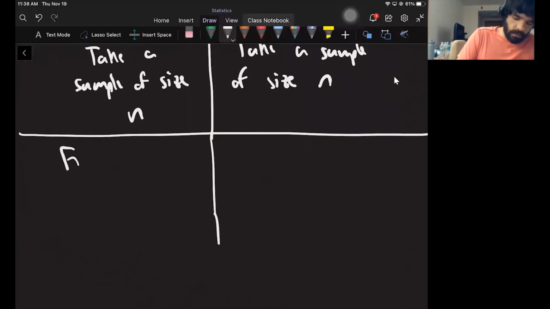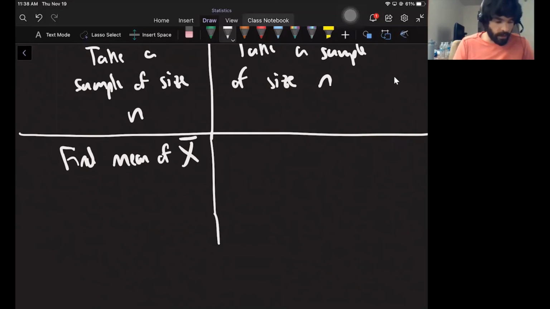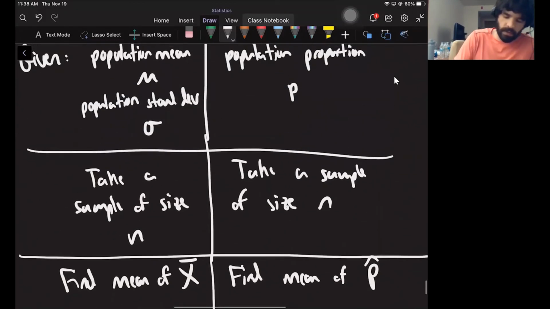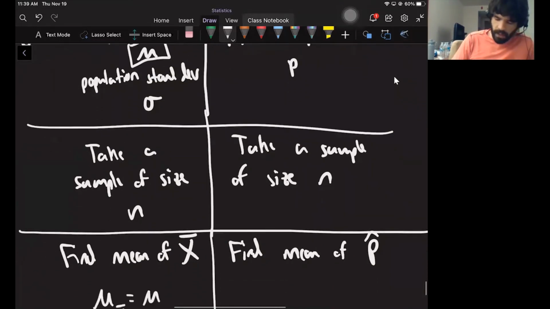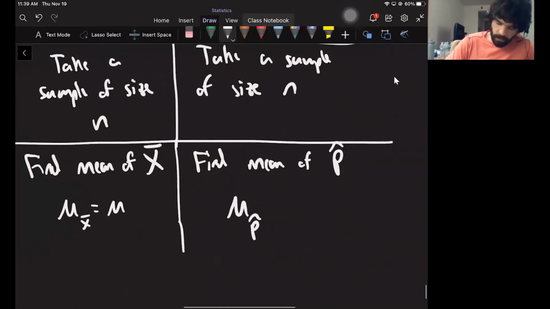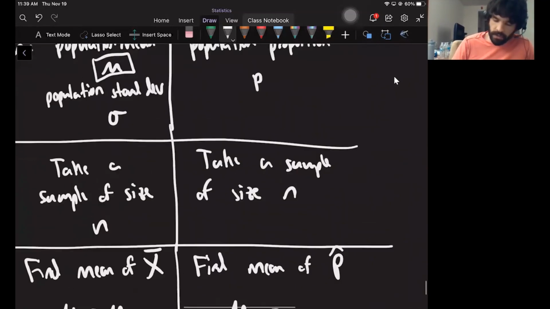So we have to find the mean of X bar, and the mean of P hat. But it's always nice and easy because the mean of the sample mean, sounds weird to say, is just the mean of the population. So you're really just using this number that's already been given to you up here. And the mean of the sample proportions is just the population proportion. So you're just using this number here.